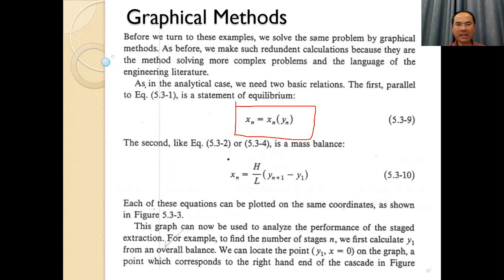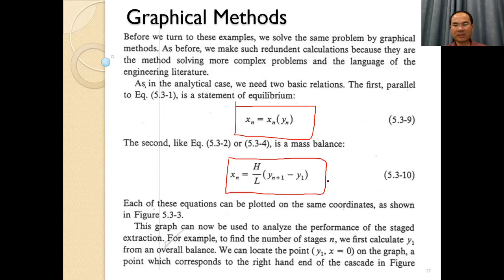And also from the mass balance, you can express X as a function of Y. X is a function of Y. Xn is the amount or concentration of solute in the extract phase. Yn plus 1 is the amount of solute in the feed. Y1 is the amount of solute in the heavy phase in the output.